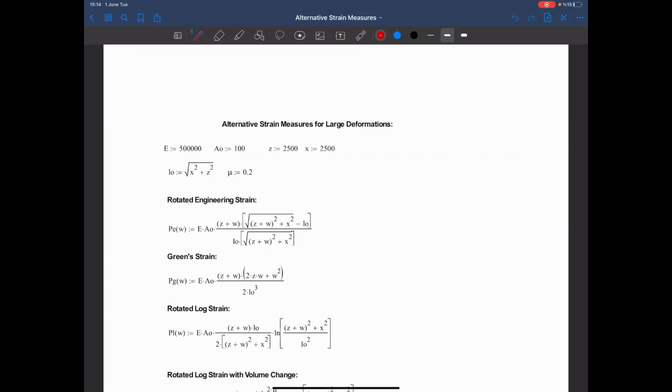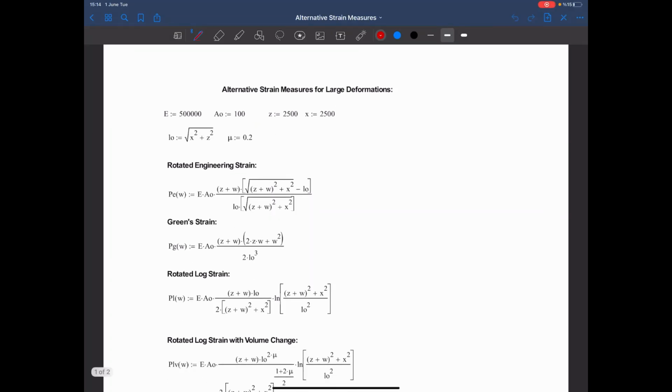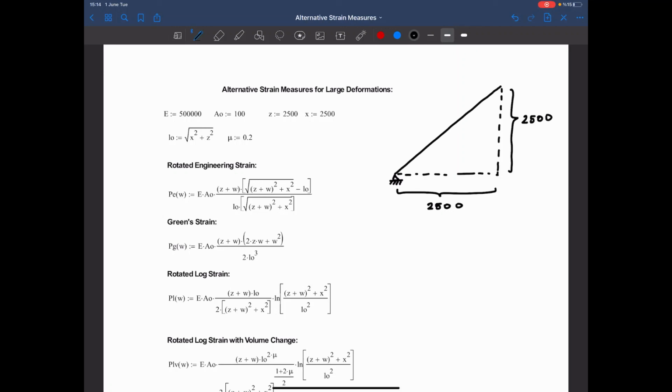Okay, now let's compare the results of the formulations that we did. In that case, we are solving the following problem. So this x is equal to 2500 and z is also equal to 2500, and this is our truss.